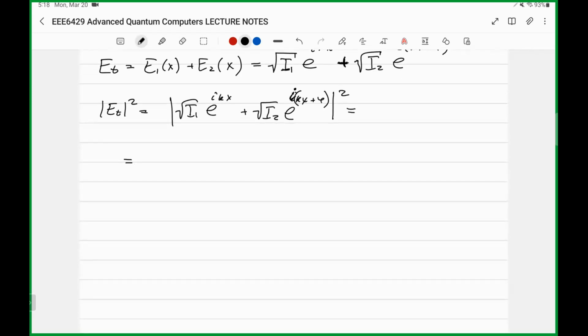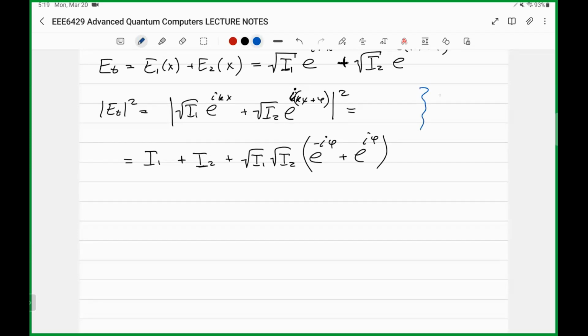So this is the modulus square of the first one, which gives me I1, plus the modulus square of the second one, which gives me I2, right, the intensity of the second source, and plus the first one times the complex conjugated second, and vice versa, which gives me square root of I1, square root of I2, and e to the power of minus i phi plus e to the power of i phi, right?